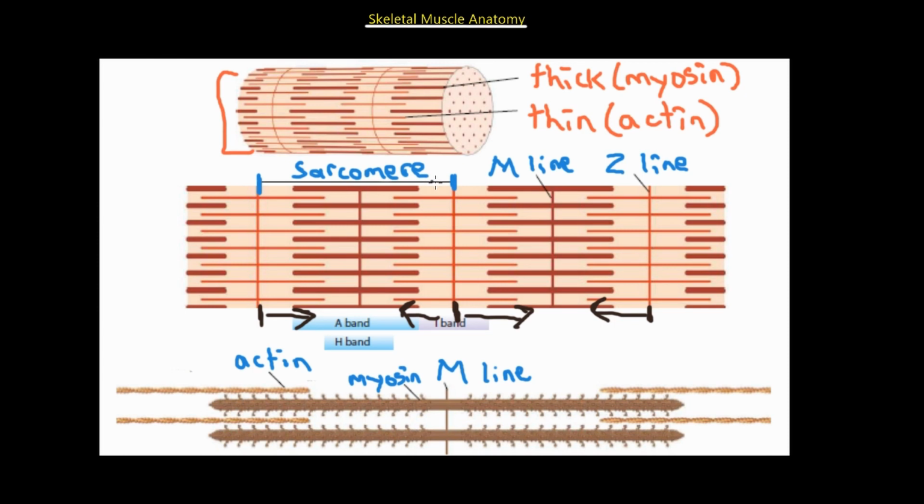Myosin is going to stay there. The M line will stay constant. The H band will be smaller because the thin filaments are going to move in closer to the M line. So as a summary of what occurs: the M line is going to remain constant.